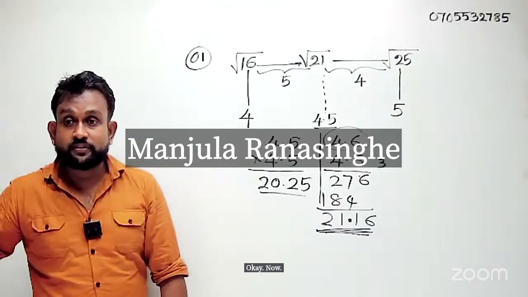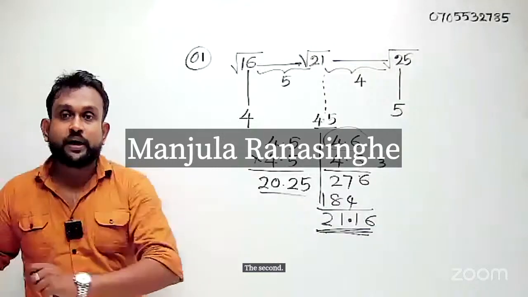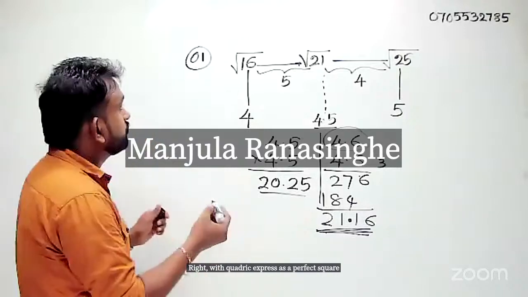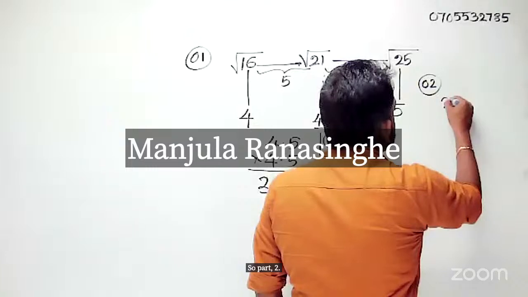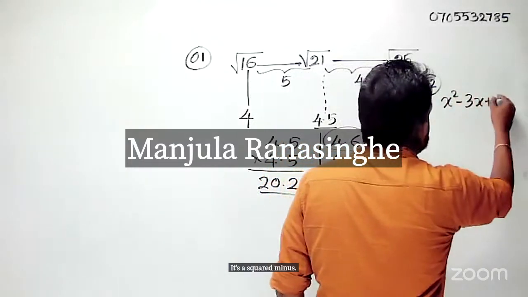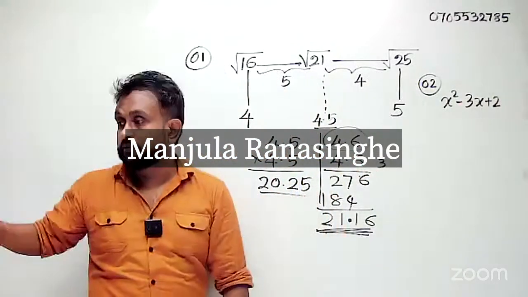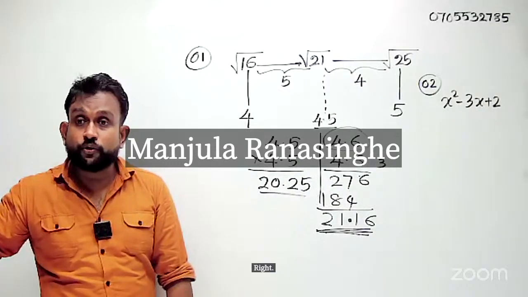Now we move to the second question. Write the quadratic expressions as a perfect square. Part 2: x squared minus 3x plus 2. Did you do this question?